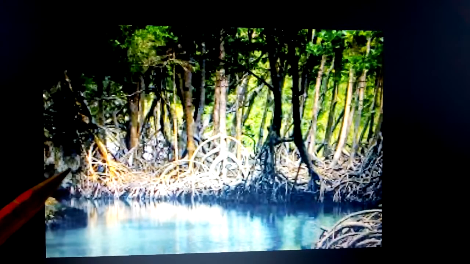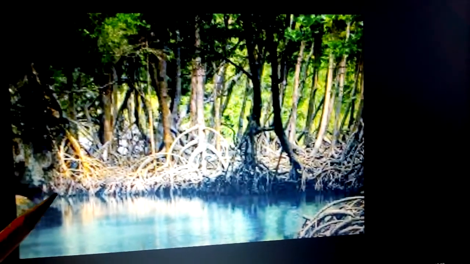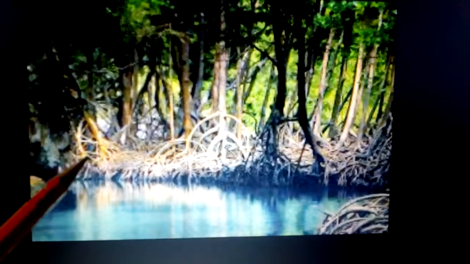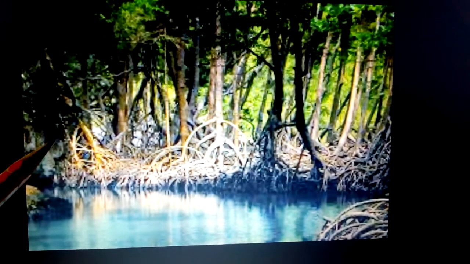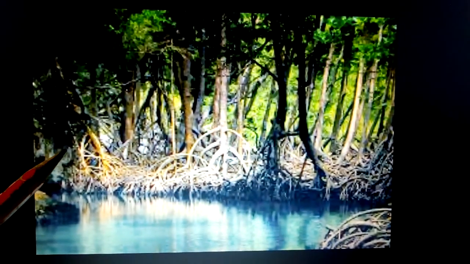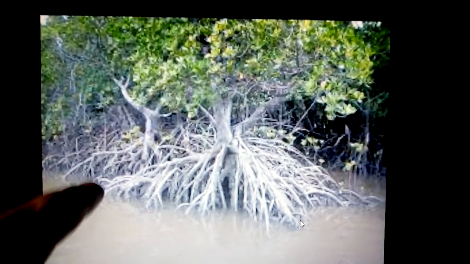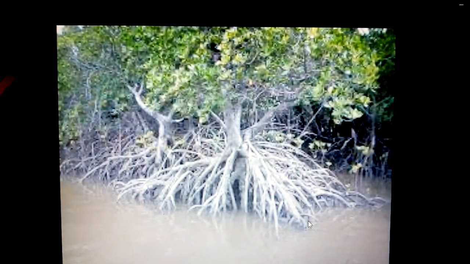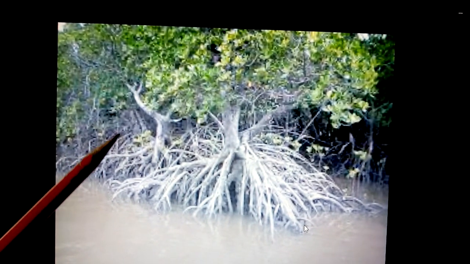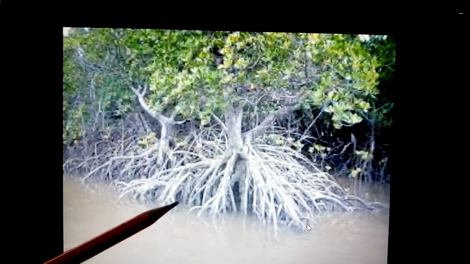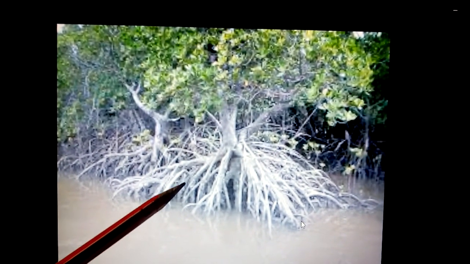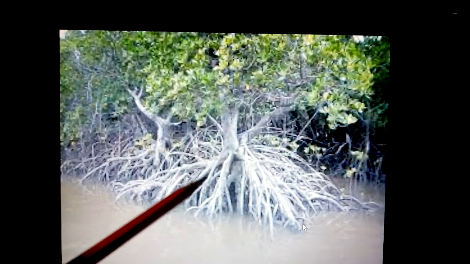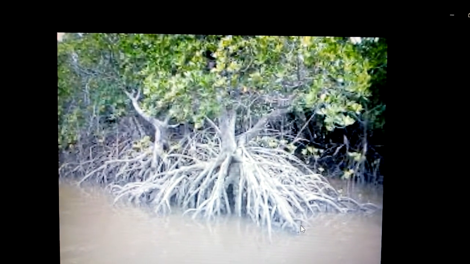Then how does it help the trees? These roots are known as breathing roots. See, the next slide also shows them. We have seen different types of mangrove roots in the pictures. They are known as breathing roots because the plant cannot breathe under the soil.